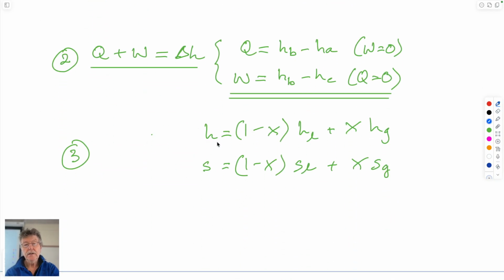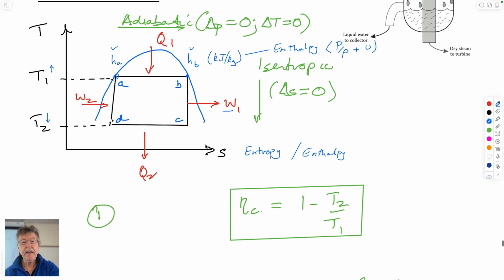And so we can define the enthalpy in a system at any particular point by looking along a line at a given temperature and seeing where it lies upon this line. So at this point here, it'll be 100% steam. And at this point here, it'll be 100% liquid.